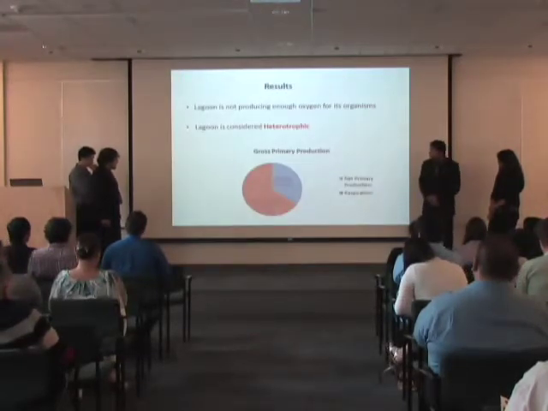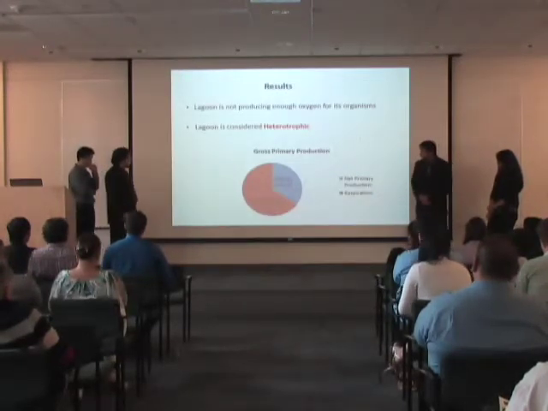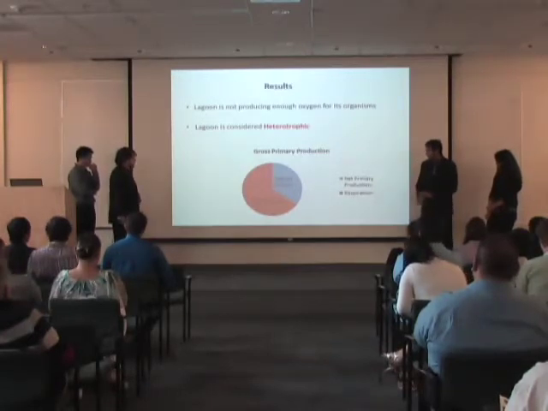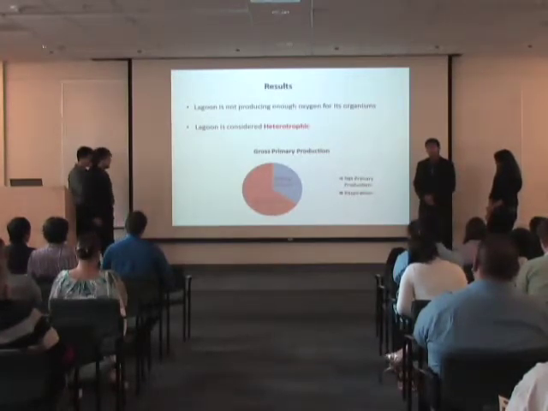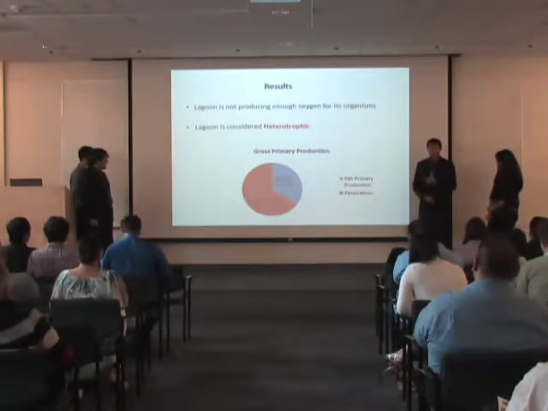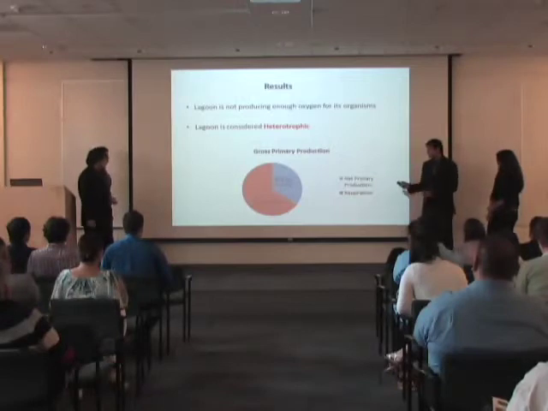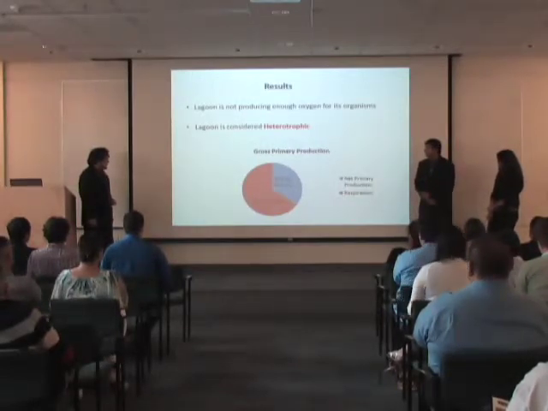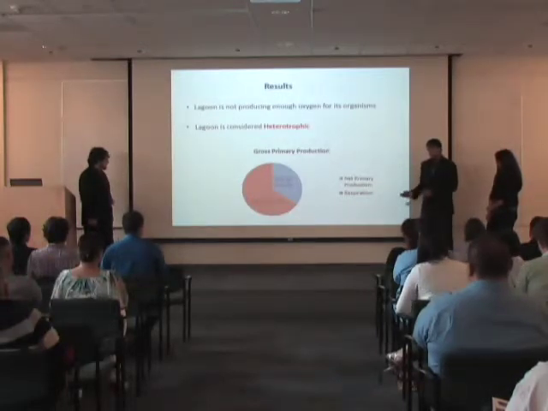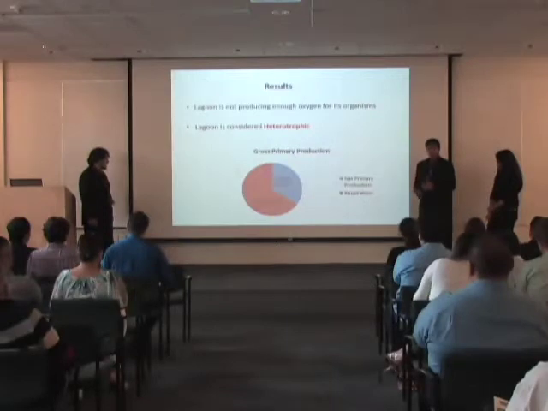So to add more detail to this, through the calculation of our net primary production and our respiration, we can process this information through what's called the gross production to respiration ratio. Essentially what that tells us is, percentage-wise, how much oxygen is being used, in other words the respiration, and how much oxygen is being produced or photosynthesized, in other words the net primary production.